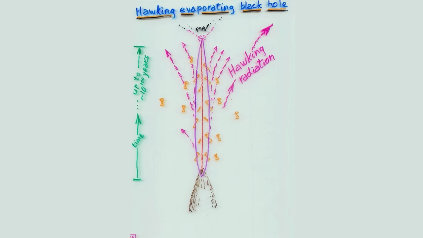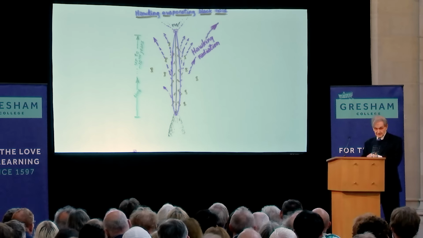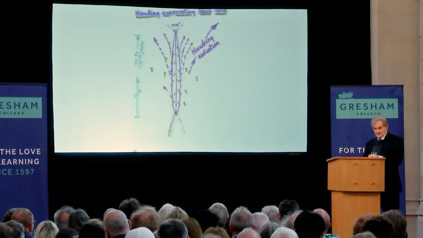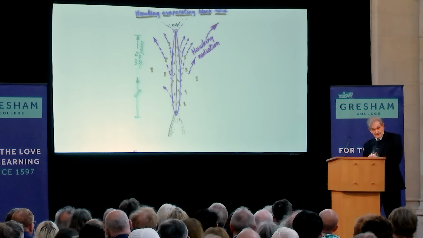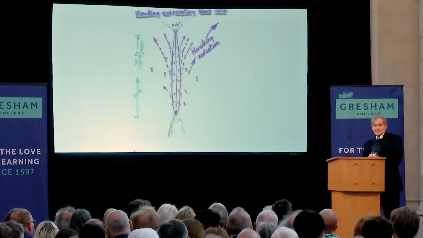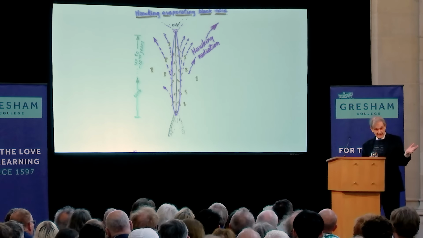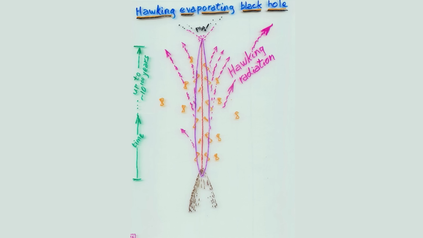Now, what about this? This is another effect. What happens to the black holes in the remote future? Well, Stephen Hawking tells us, as I just mentioned, they have an entropy, black holes. They also have a temperature, a very, very low temperature. They're far, far colder than anything we can imagine now. But when the universe expands and expands, it gets colder and colder until it becomes colder than these huge black holes.